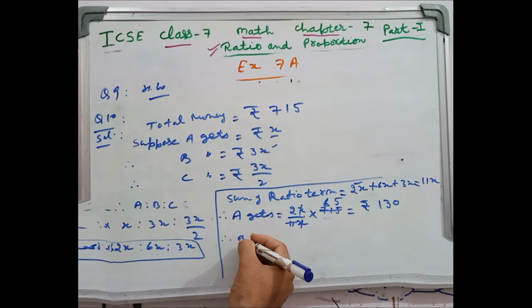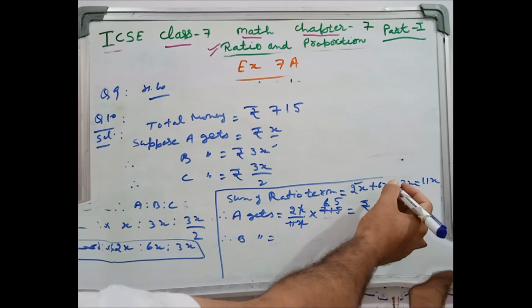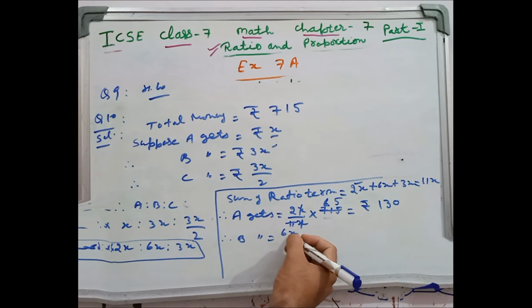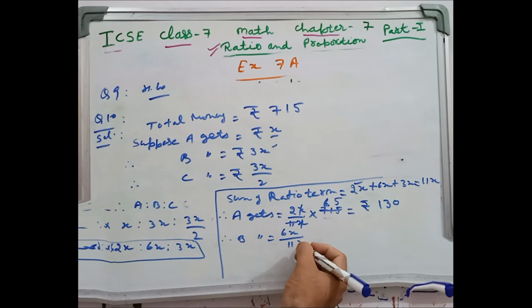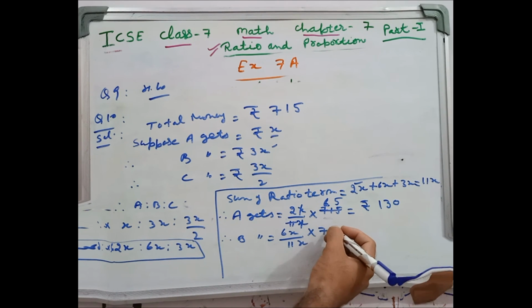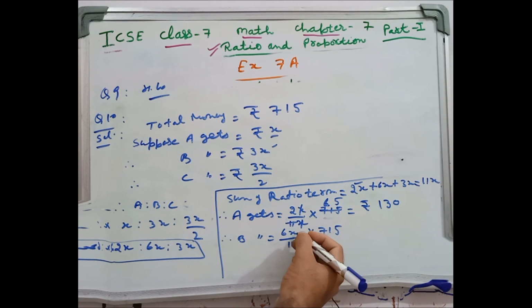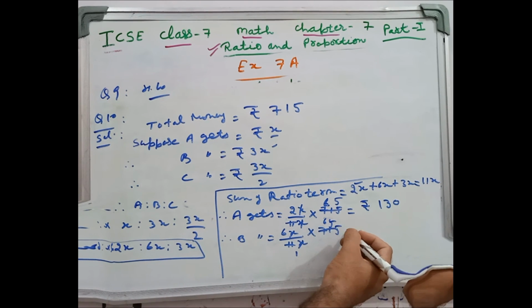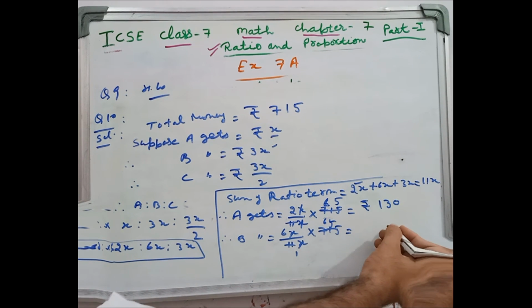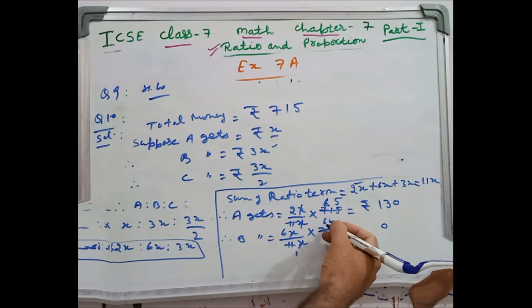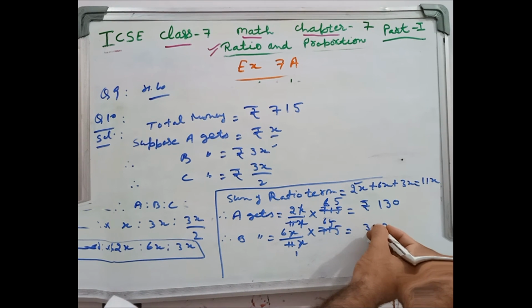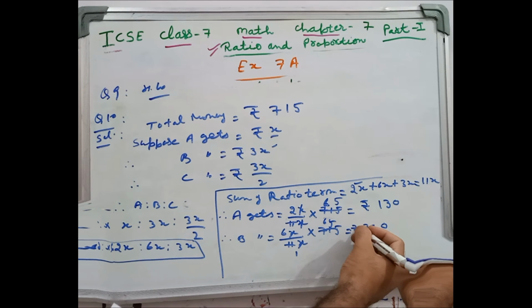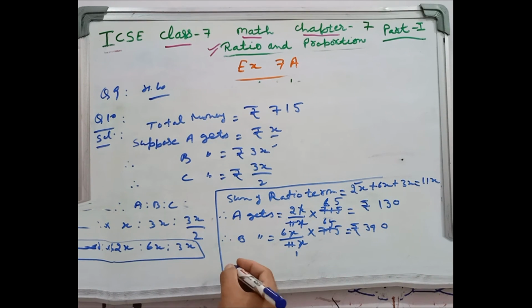Therefore B gets, what will B get? B's ratio is 6x upon 11x multiplied by 715. Again x cancels, this will go by 65. 65 fives are 30, 6 sixes are 36 plus 3, 39. This will be rupees 390.